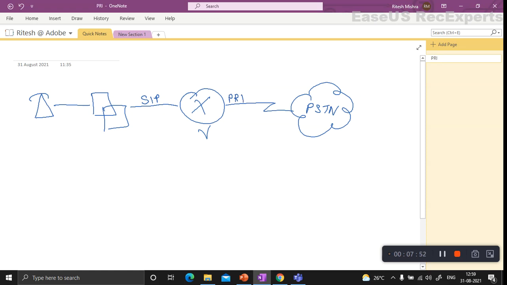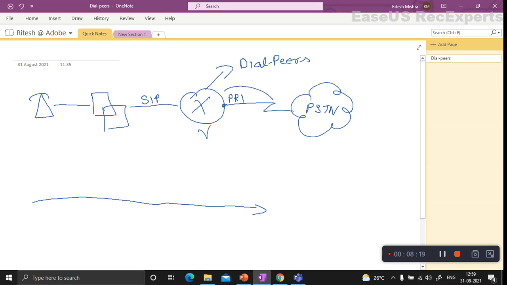Now, in this call flow, if we are trying to make an outgoing call, this is where we will be configuring dial pairs. Now, this portion is a TDM leg. So this is the TDM leg and this is my VoIP leg. This is my VoIP leg and this is my TDM.